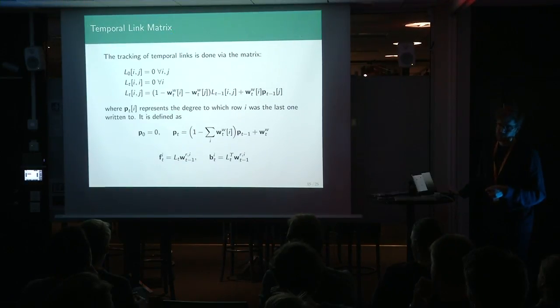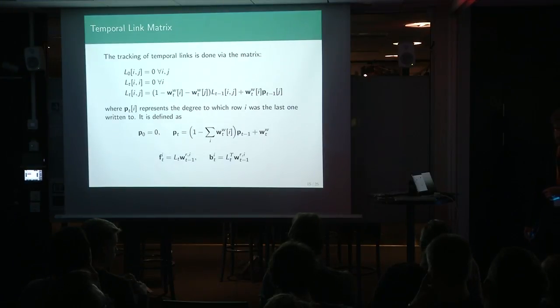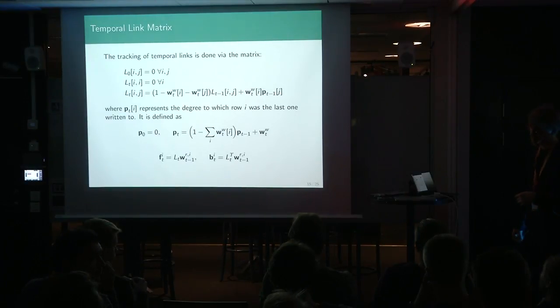Do you have any questions for this? Let's say the probability comes true of writing somewhere. Does it replace the value with the new value, or does it use the previous value?